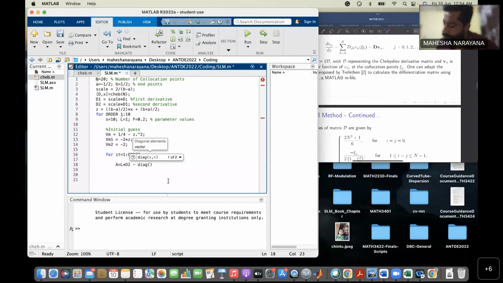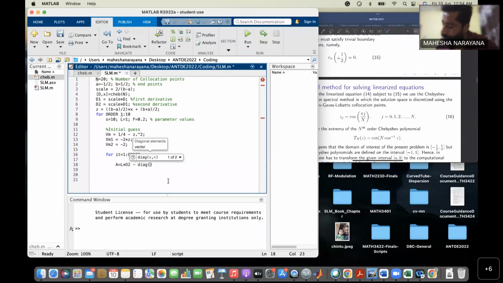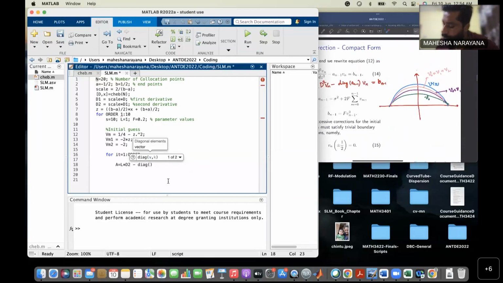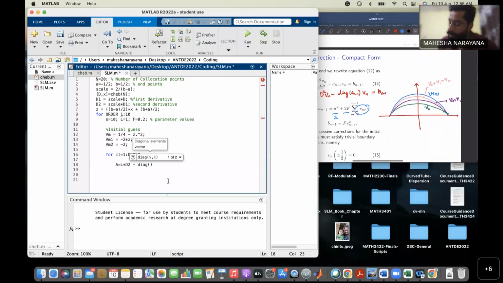Diag of AN minus 1. So AN minus 1, if you see, it is sigma square. Sigma square is S in the code, right? So that is S and 2F times VM. So in the iteration, one term is added at a time. So you don't see the summation, but the loops will keep adding that one, okay?